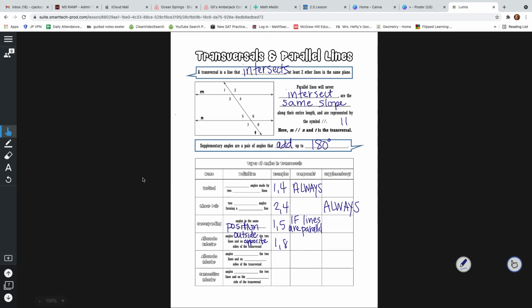No. They're congruent if lines are parallel. So alternate exterior angles are on the outside of the two lines, on opposite sides of the transversal, and congruent if lines are parallel.